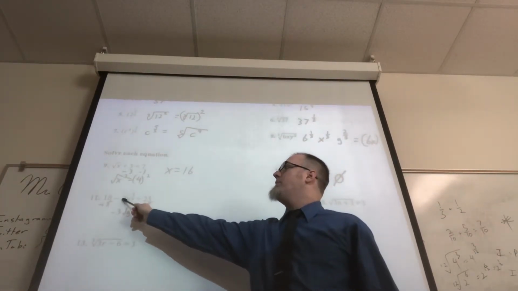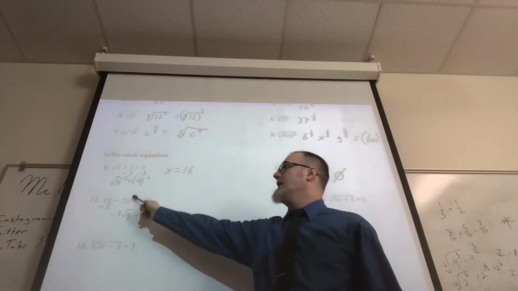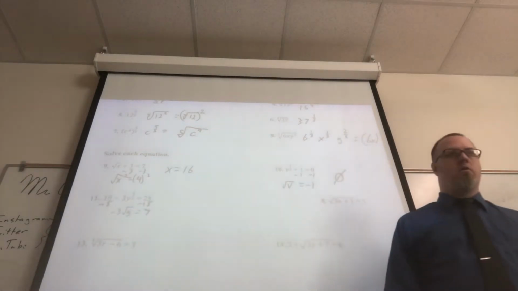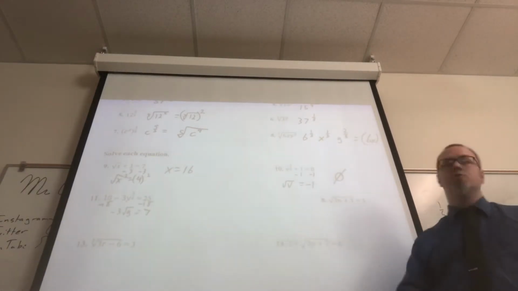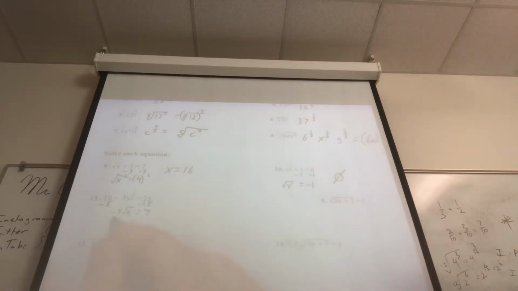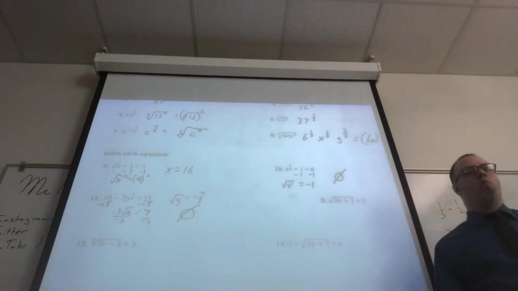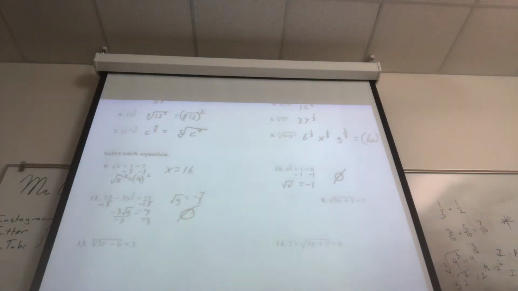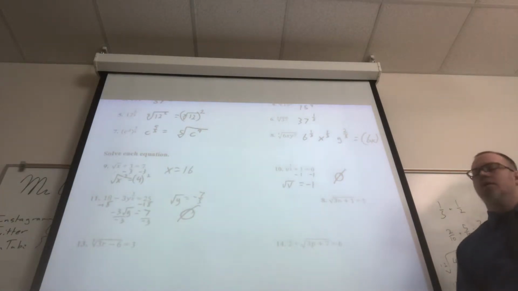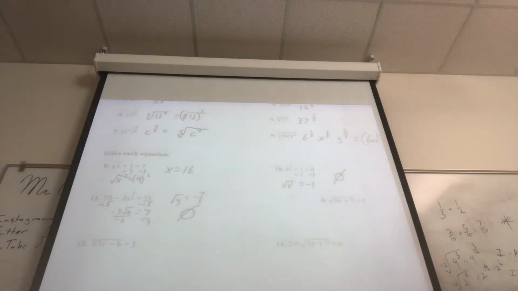It is not part of what's being raised to the 1/2 power. Okay? Also, don't lose that sign. When you divide by a -3, you end up with the square root of y is equal to -7/3. That is also an empty set. It will not work. There's no solution. Nothing's going to make this be a negative number.